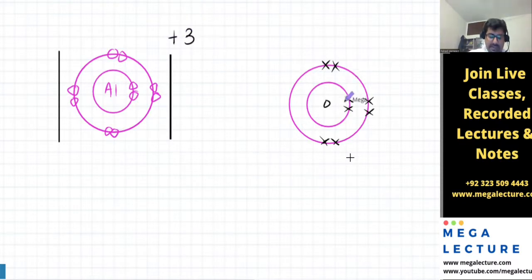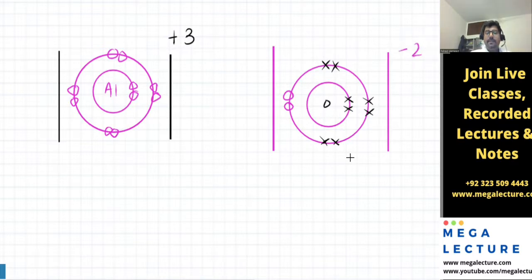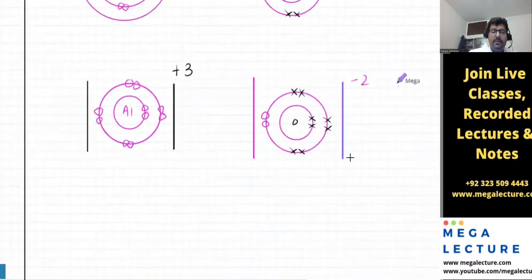And oxygen needs 2 electrons, so oxygen will gain just 2 electrons. If it gains 2 electrons, the charge that the oxygen will get is going to be -2. So that is what the ions would look like. One loses 3 electrons, the other one gains 2 electrons.